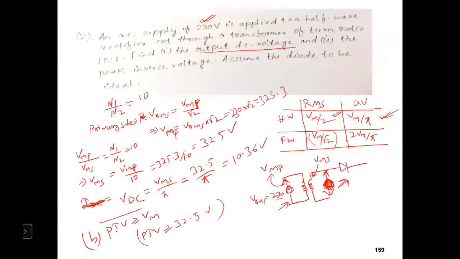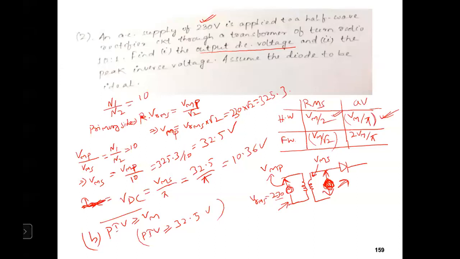If any term is given in terms of AC and you want to represent it in terms of average, it will be Vm by pi. So VDC equals Vm by pi, and similarly IDC equals Im by pi.